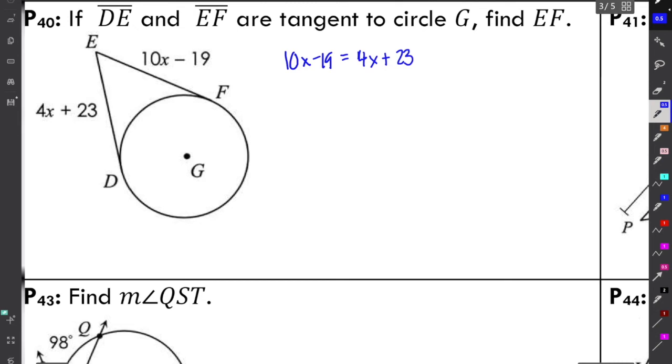Okay, so subtract 4x from both sides, add 19 to both sides, you get 6x is equal to 42. Alright, divide both sides by 6, you get x is equal to 7. Now to find EF, we plug in 7 for x. So 10 times 7 minus 19. 70 minus 19 gives me 51. No degrees here.